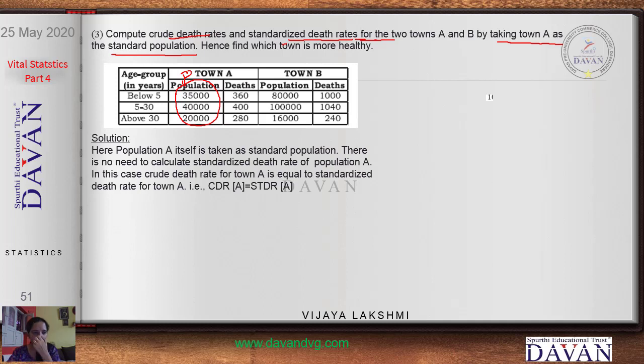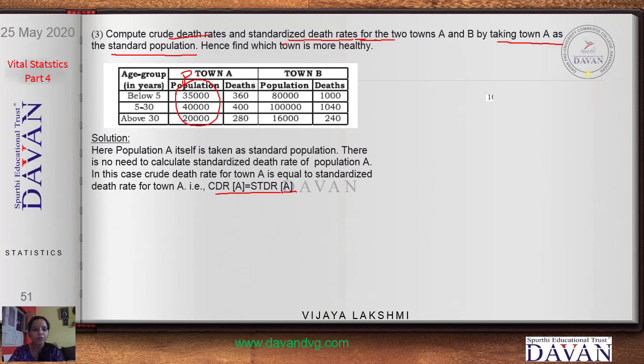Now coming to the solution, if they ask you the CDR and the STDR for one town and taking its population as the standard population, only for such towns this formula is satisfied: CDR of A is equal to STDR of A. That means if you calculate the CDR value, it is sufficient because that value will be the same as the STDR value.